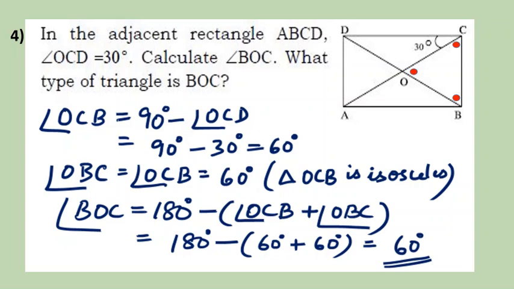You write 90 degrees minus 30 degrees. Therefore, OCB is 60 degrees.